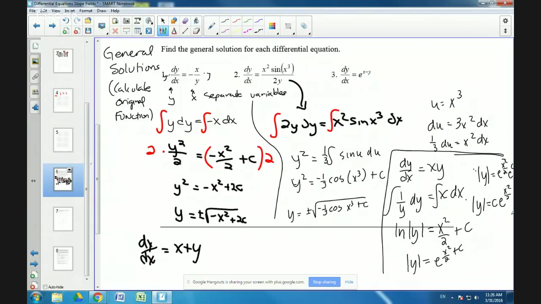Tonight's homework from the book. This is all I'm gonna ask you to do. So tomorrow we'll score the slope fields for official, and then we'll look at these.